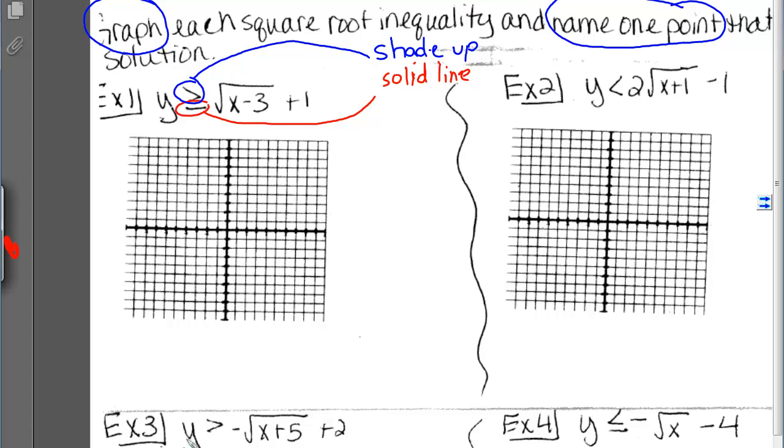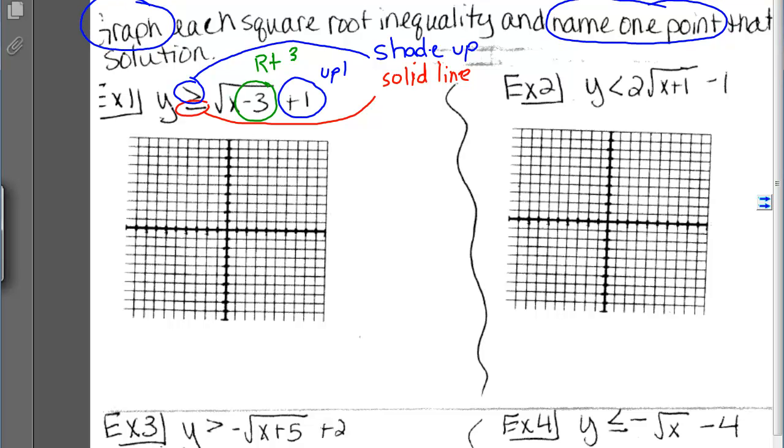We shade up because the inequality symbol is greater than. Remember, to get our beginning point, we move right 3 and up 1. So let's plot that on our graph.